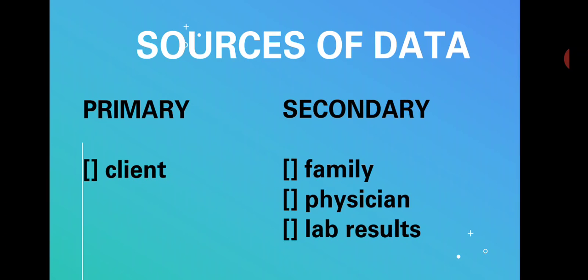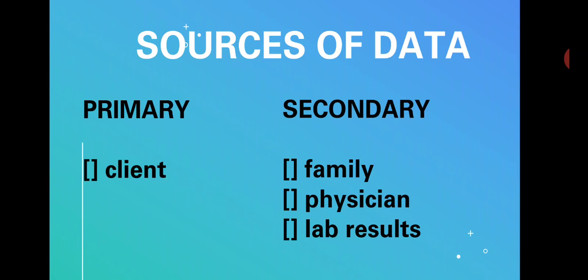Okay, so we have the sources of data. Where can you get data from? There are two sources of data. So we have the primary data and the secondary data. Primary data is any information gathered from the client. Anything that your client verbalizes, mentioned, or tells you, that becomes your primary source of data.